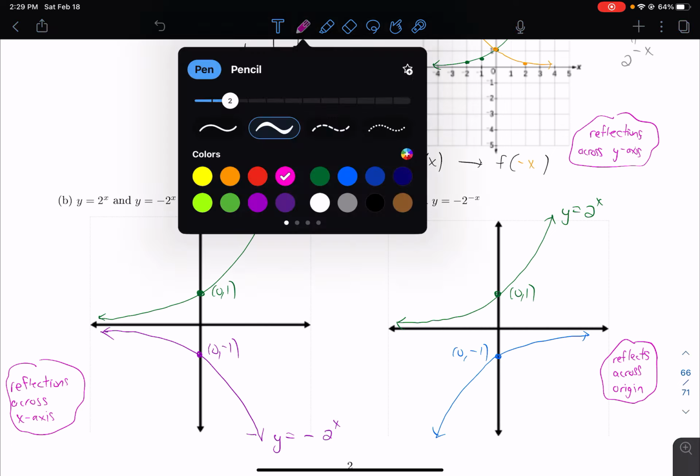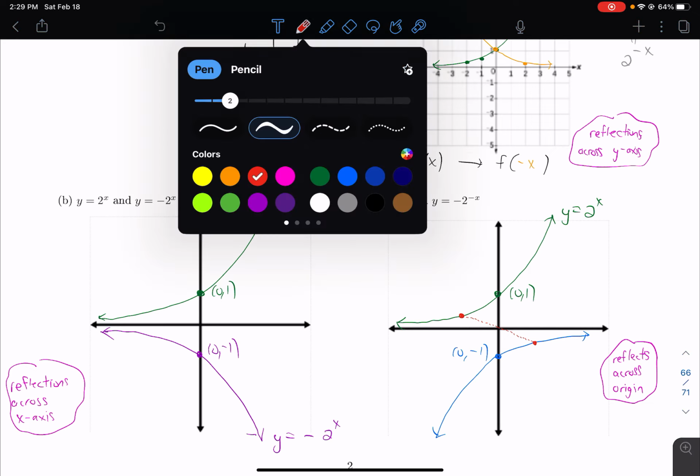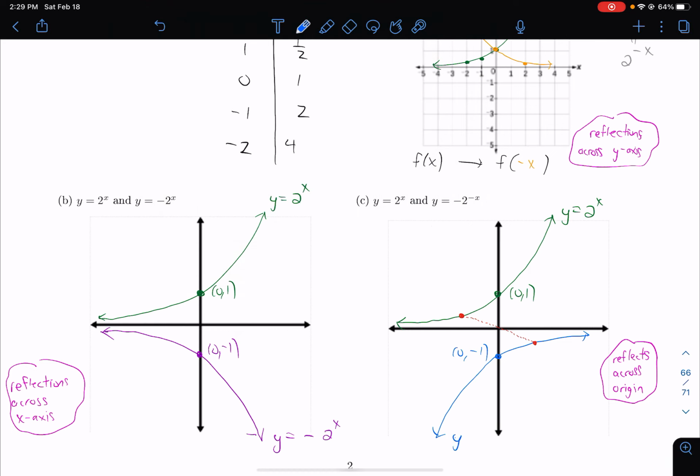And I can see that because if I take any point on the original graph and draw the mirror image of it across the origin, so I draw a line to the origin and then go equally far across the origin, I get a point on the new graph. That's happening for any point I take on the original function. The mirror image of it across the origin is on the new graph. Let me just label the equation of this blue one. This was y equals negative 2 to the negative x.